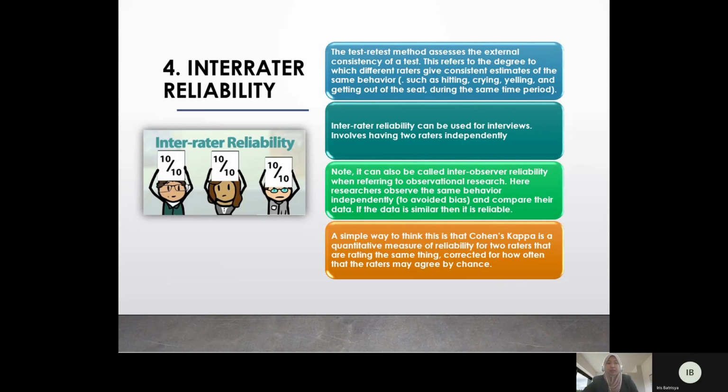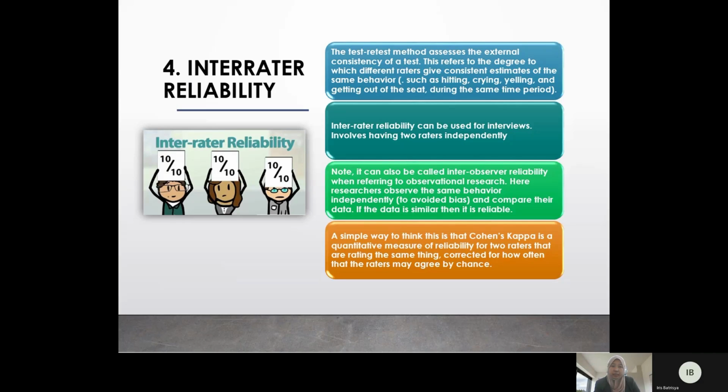The final test is the inter-rater reliability test. This refers to the degree to which different raters give consistent estimates of the same behavior.